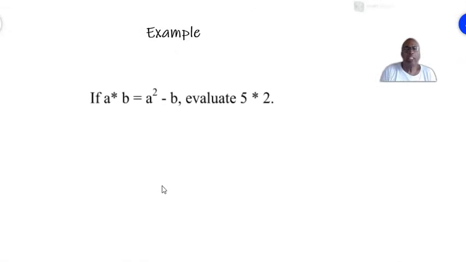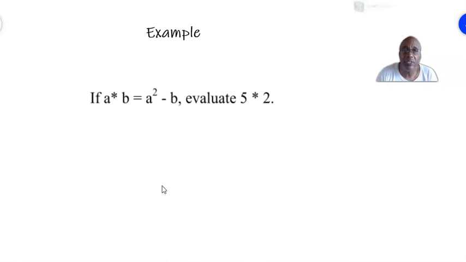Let's go to the next one. Look at this example. This is another way substitution can come. Let's see what it says. If A asterisk B equals A squared minus B, you have to evaluate 5 asterisk 2.